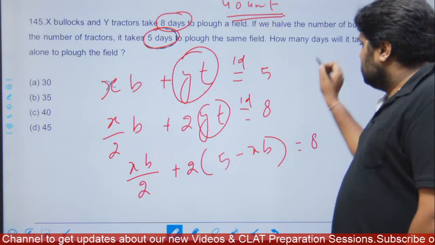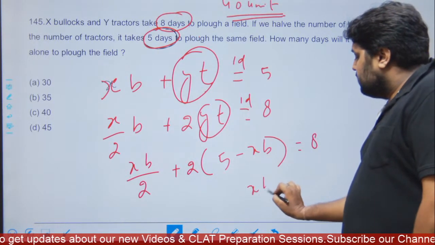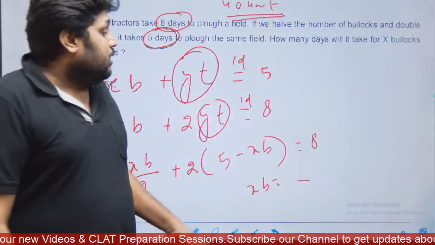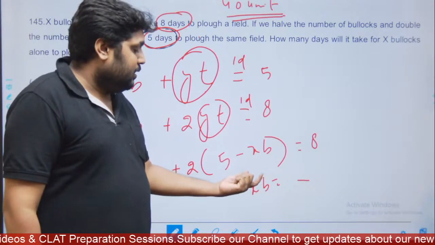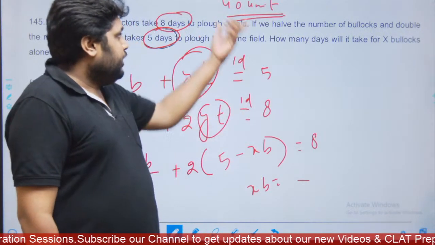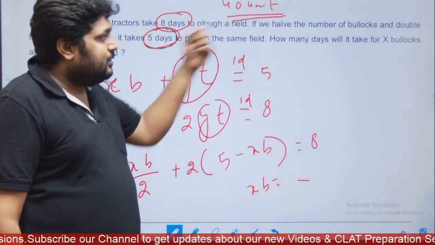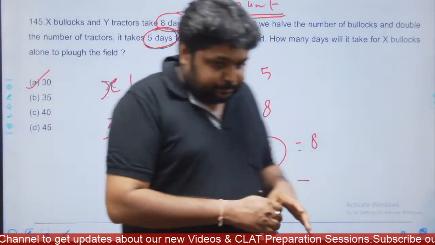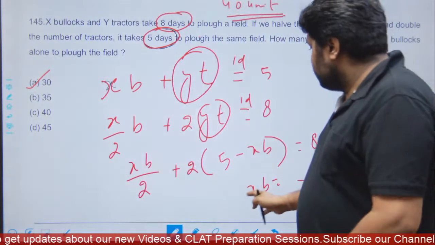And you can solve the value of XB, and it will tell you how many units of work X bullocks can do in one day. So 40 units of total work divided by this, you will get the answer. The answer will be 30. So simple, you can calculate it. Okay.